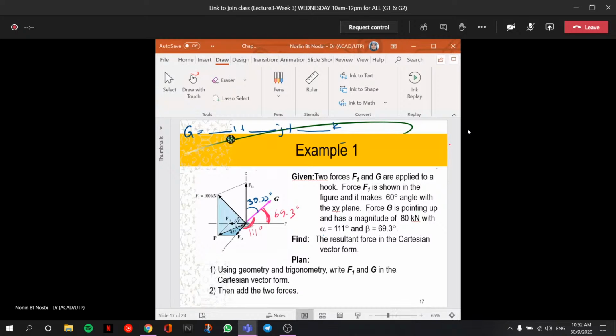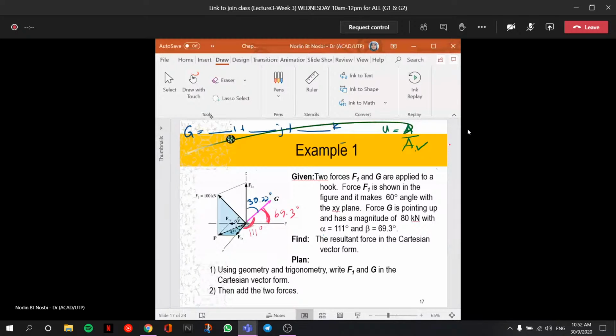Okay, if you refer to the unit vector U equals vector A over magnitude A, right? In this situation, magnitude was given, and then you need to find the vector. The vector is the position I, J, K.